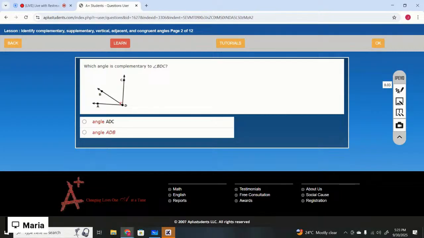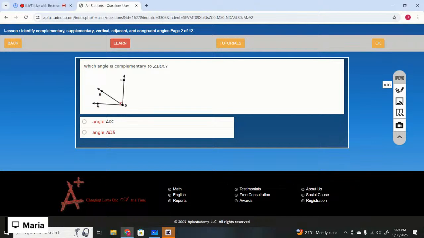Which angle is complementary to angle BDC? Complementary angles are the angles that can make a sum of 90 degrees.